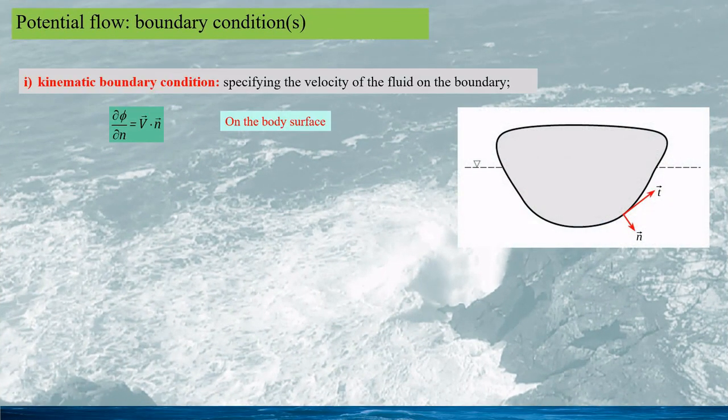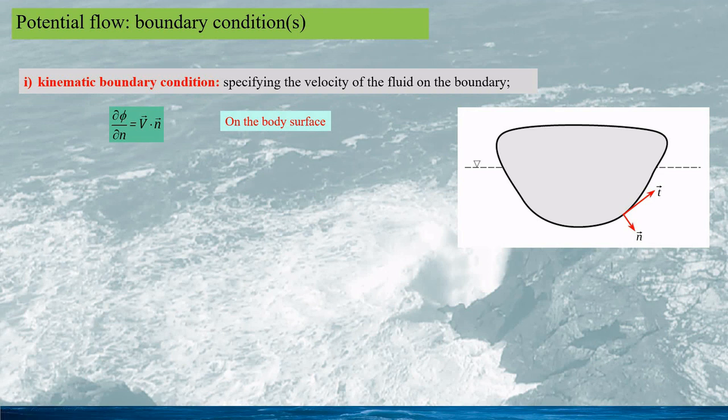We have two different types of boundary condition: kinematic boundary condition and dynamic boundary condition. The kinematic boundary condition specifies the velocity of the fluid on the boundary, such as the non-penetration condition, where the normal velocity of the body surface and the fluid motion are the same, given by this.